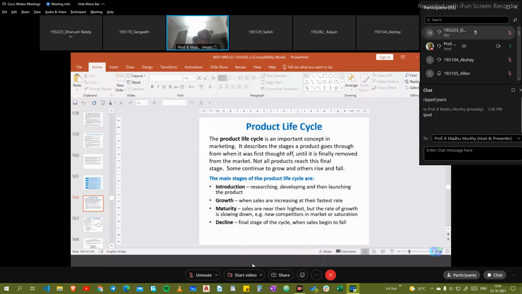Once it starts falling, it is in the decline phase. But not necessarily all products have a declining phase. We can also take off from the maturity level, just like how the introduction came up. Similar activity can come up at the end of the maturity phase, where the cycle repeats.